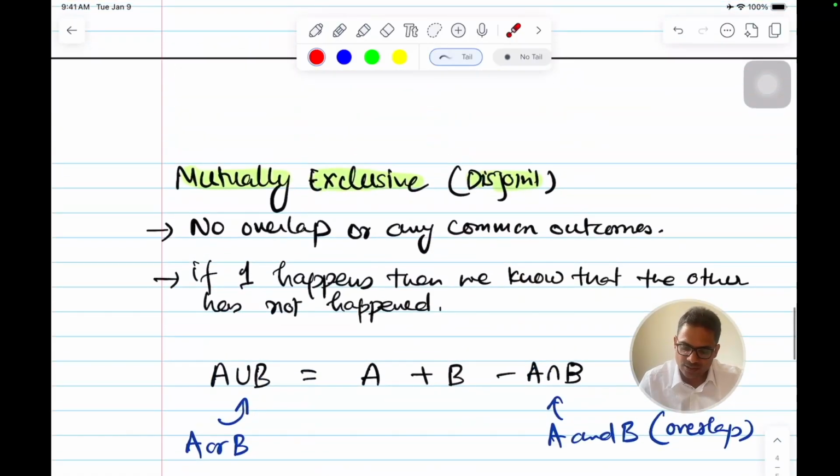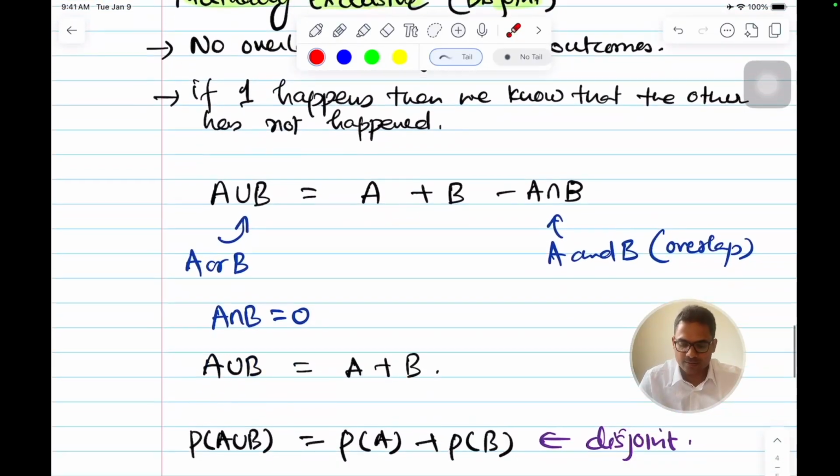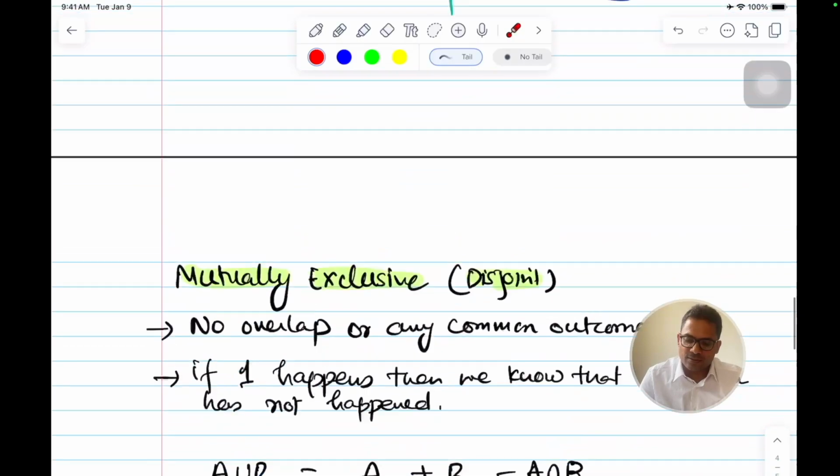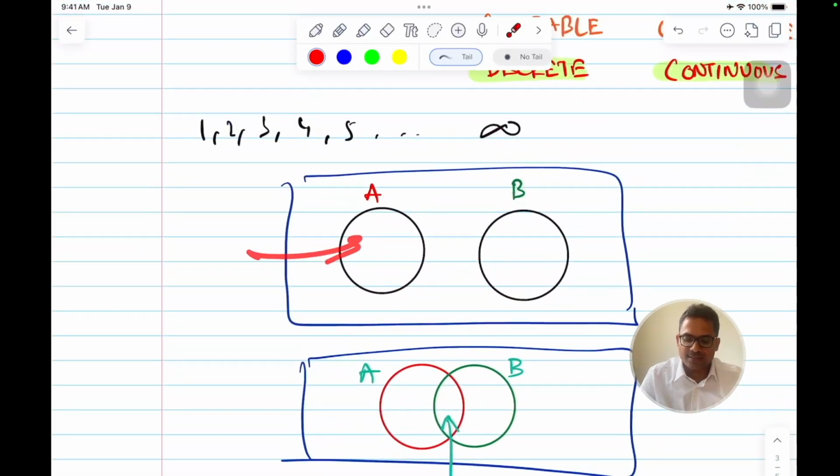So I hope mutually exclusive events and independent events are clear. To understand again, in mutually exclusive events, if I know one event has happened, then we know that the other has not happened. So knowledge of one event gives me some information about the other event. That is mutually exclusive.